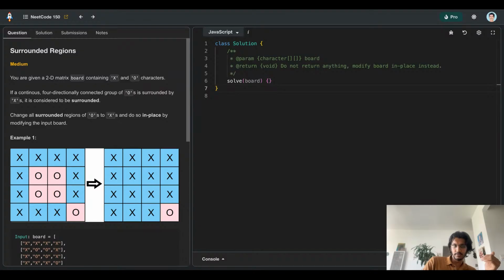And then you move up, down, left, right in all directions. If you encounter zeros, you just keep moving. And if you hit X's and not the border, then you know that entire region can be removed.